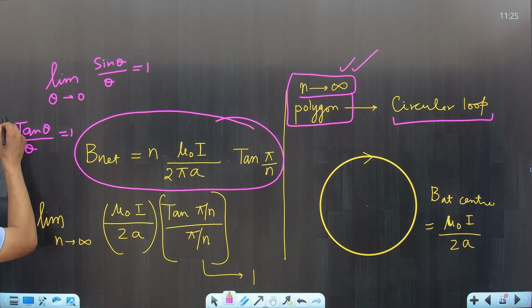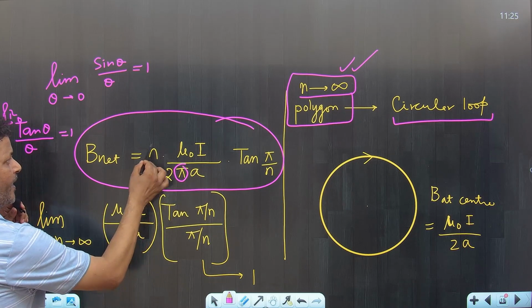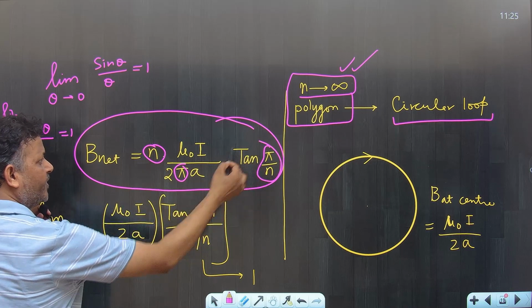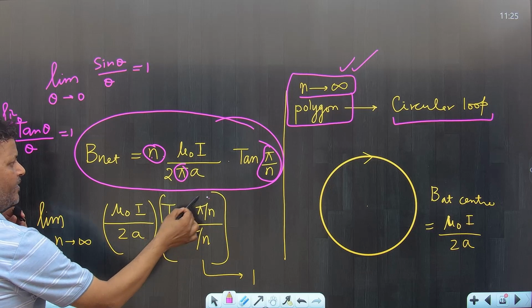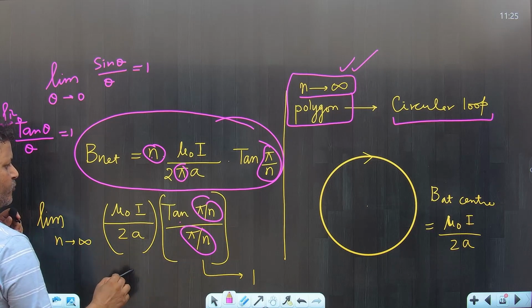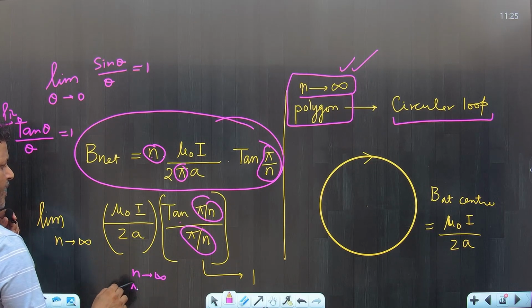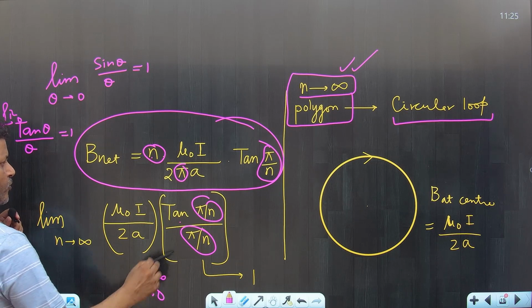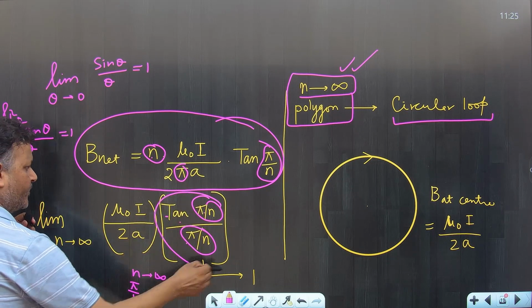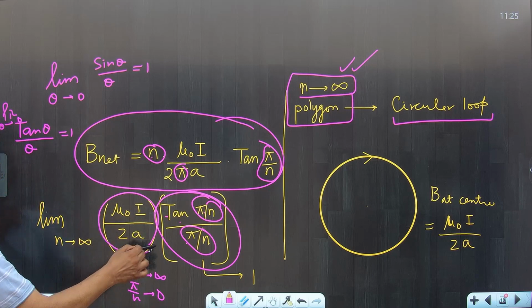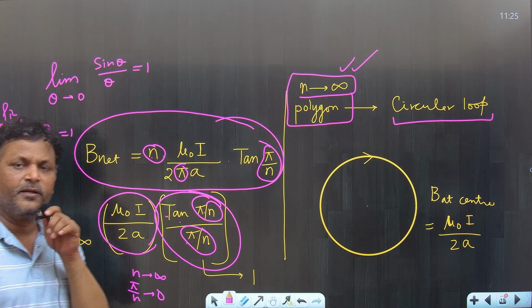When limit tends to 0, you write pi by n here. Here it is pi by n, that is theta. So tan theta by theta, n tends to infinity, so pi by n tends to 0. So tan theta by theta is 1. So your formula becomes mu naught I by 2a, which is a very interesting formula.